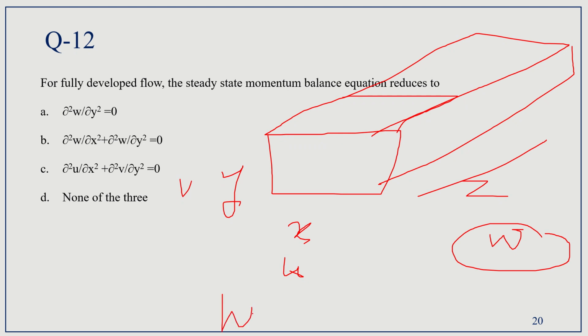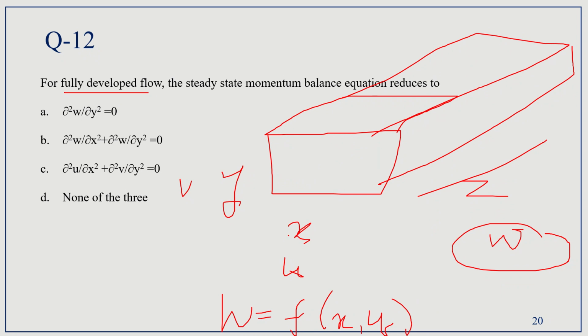Here W component velocity would be a function of X and Y for the fully developed flow, because we have seen dou W by dou Z is equal to 0. For the fully developed flow, in the plane D, we have seen that dou W by dou Z is equal to 0 because it has attained a fully developed state and it is a steady state. So what does the momentum balance equation reduce to?